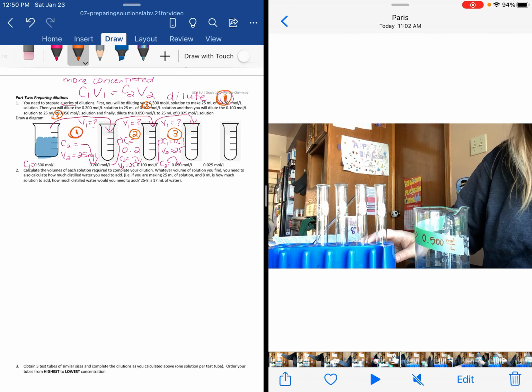And then the fourth one, we're going to take 0.5 and make it 0.025. So now this is going to be C1.